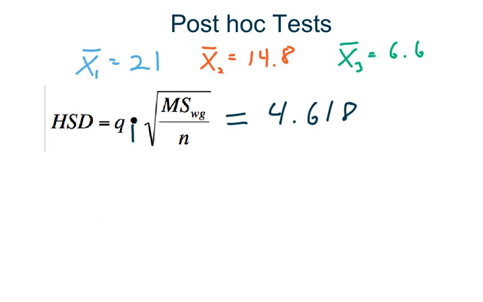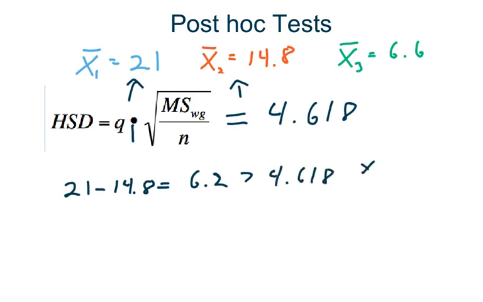If we compare our required group to the extra credit group, 21 minus 14.8, we get a difference of 6.2. Well, 6.2 is greater than 4.618, therefore that difference is significant. In other words, when homework was required, there was a significantly higher completion rate than when the homework was offered only as extra credit. So that's comparison 1.